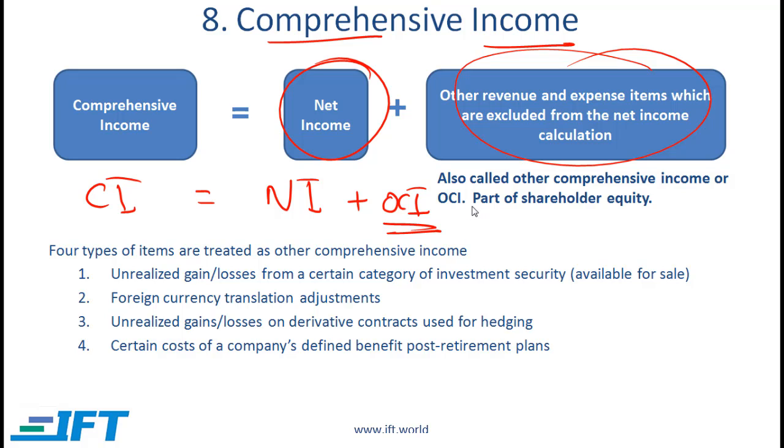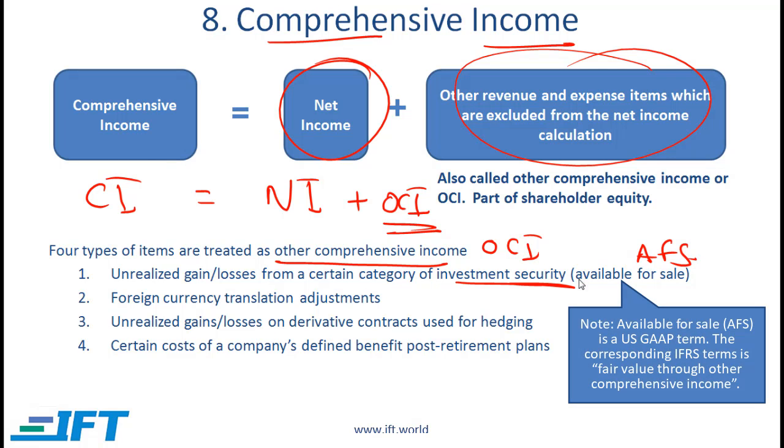But at this stage, you simply need to memorize a few core points, and over the next few slides, these points will make more sense, and when you do the reading on balance sheet, it will make even more sense. There are 4 types of items that are treated as other comprehensive income. Unrealized gains, losses from a certain category of investment security called AFS is treated as other comprehensive income.